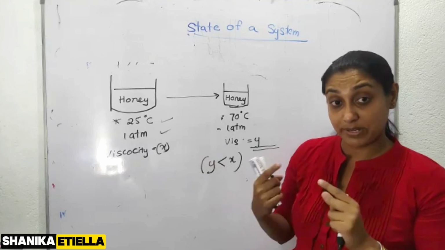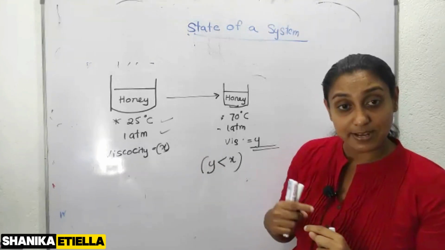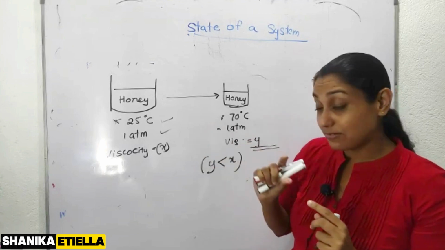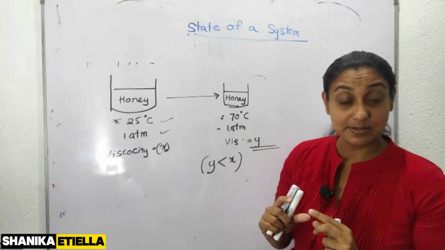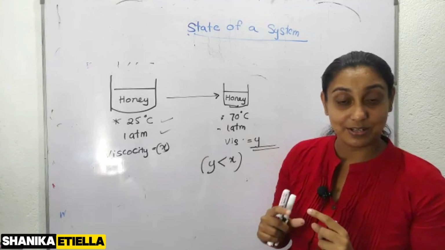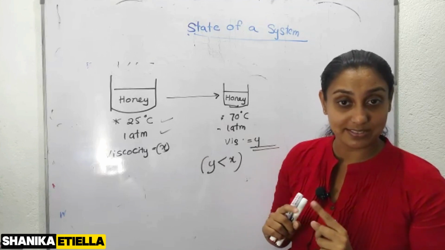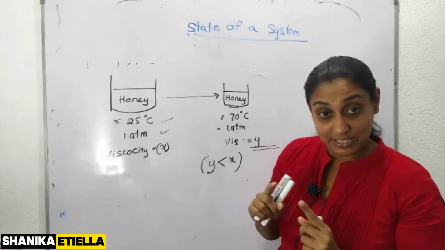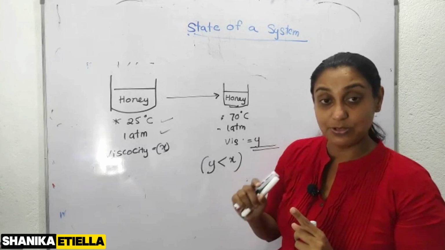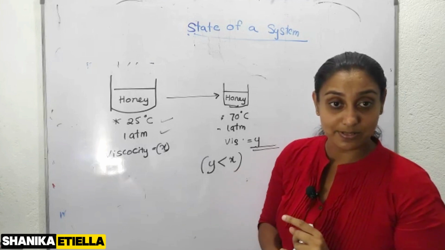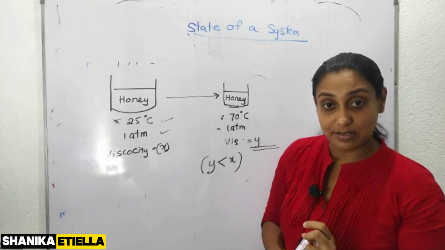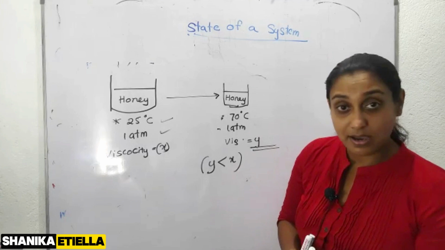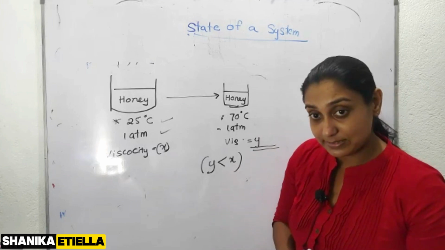Once the temperature increases, that pH value might be different. So that variable is described according to the state variables. Clear? We need to know the temperature and pressure to give intensive variables like boiling point, viscosity, density. Clear?